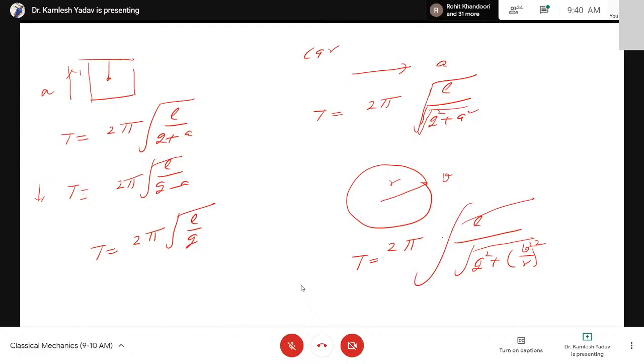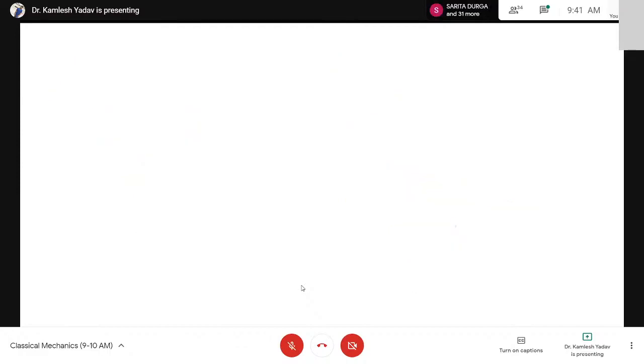Now let us suppose we have an inclined plane and a cart, and we have attached a simple pendulum inside the cart.